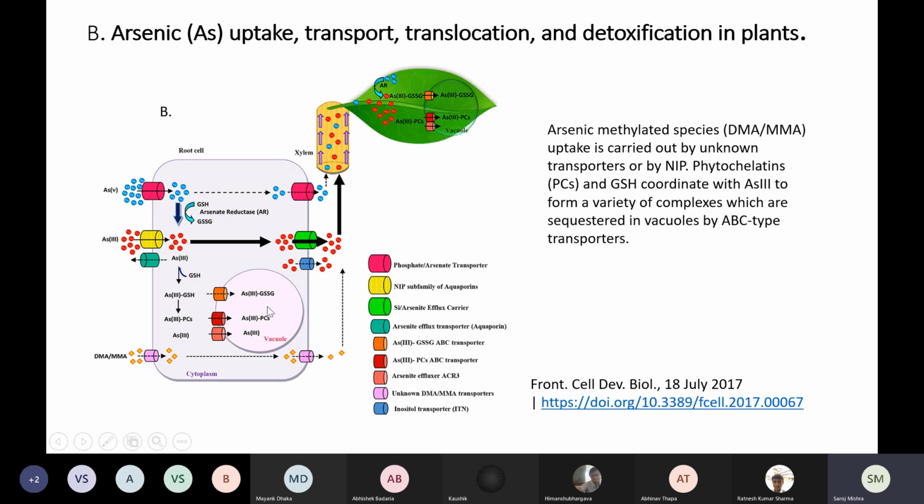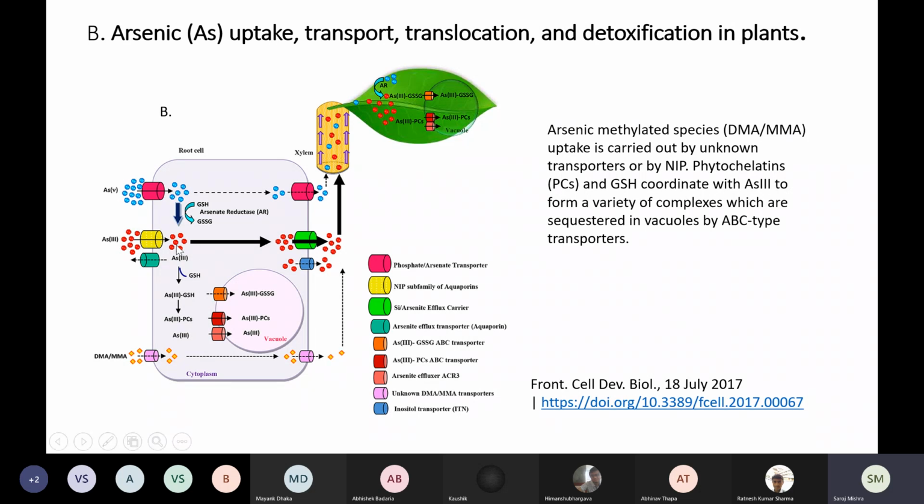Now, when you try to explain how phytoextraction is going to occur, that means translocation of this metal into the aerial parts of the plant, that is the second part to understand. So the first step is detoxification, the second is sequestration into the vacuole, and the third is transport.